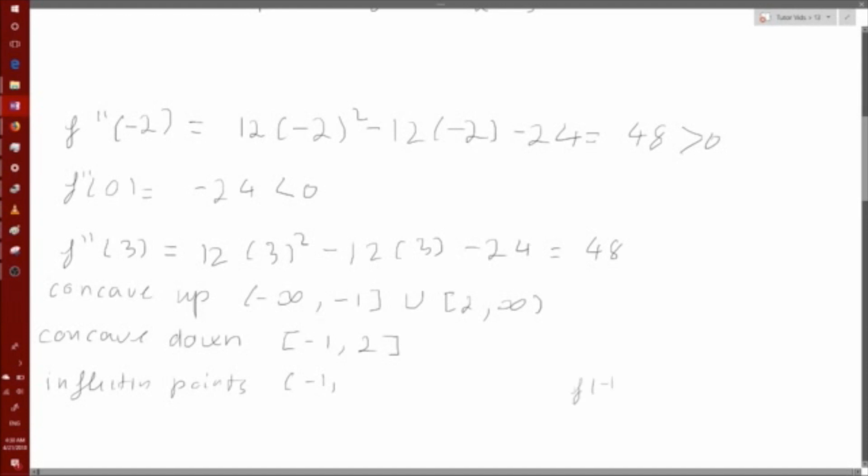F of negative 1 would be negative 9. So the first inflection point is negative 1 and negative 9. Our second inflection point is at the x value of 2. So let's plug 2 into our function. F of 2 will be equal to negative 48. So the y value of our second inflection point is negative 48.